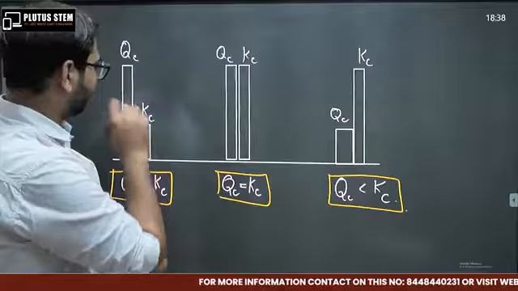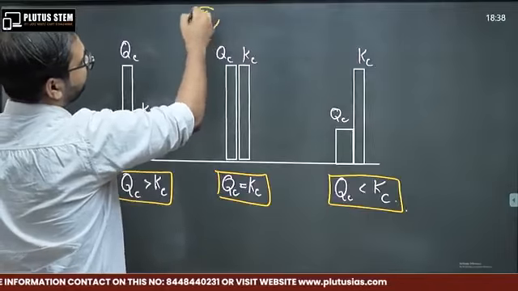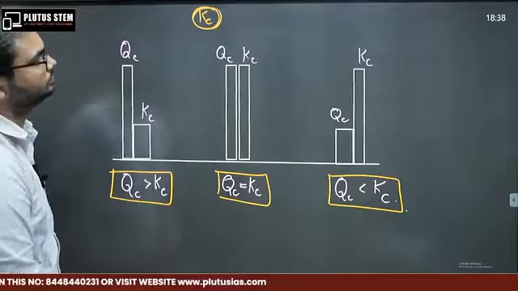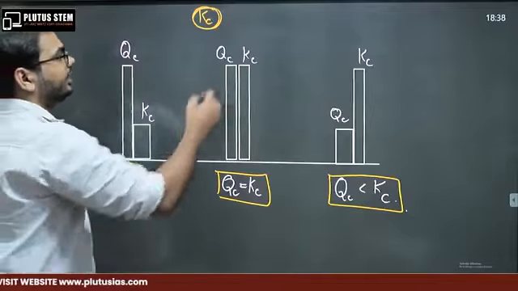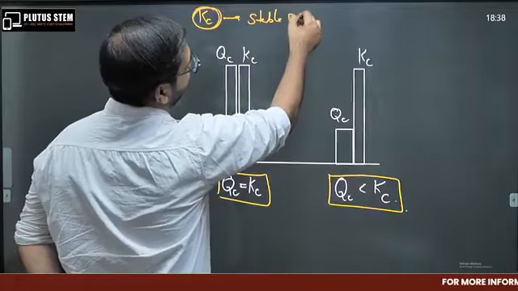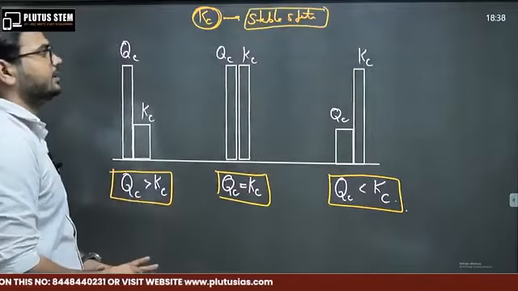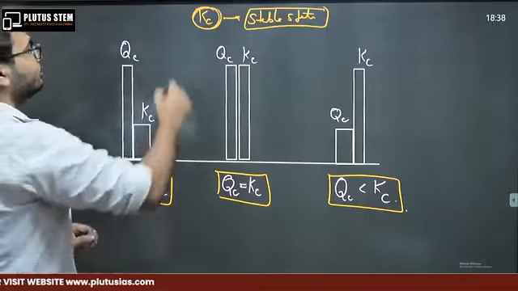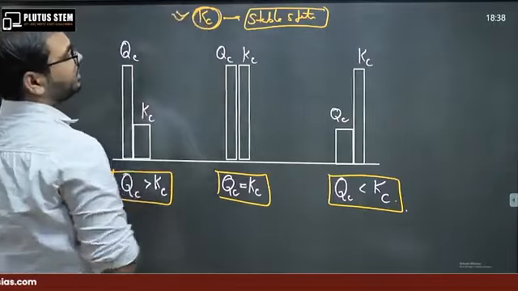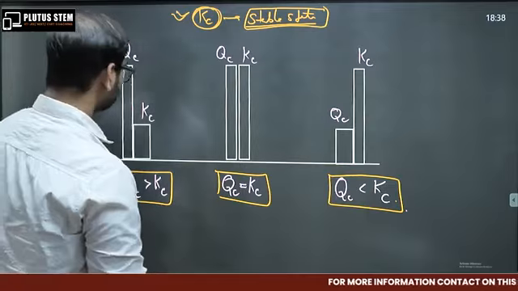Now, always remember that Kc is always of highest value. It is the most stable state of the system. So no matter what happens, every system will try to achieve the value of Kc because it is much more stable and favorable by nature.